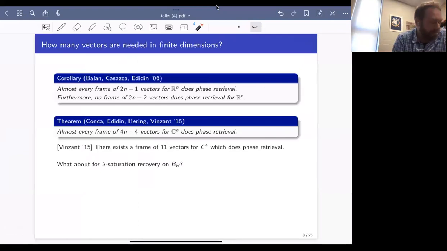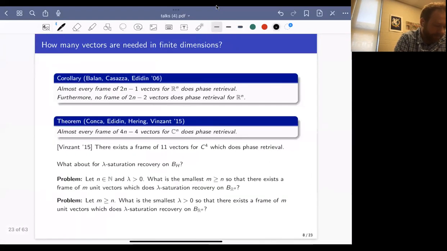Okay, so natural question. How many vectors do I need to do lambda saturation recovery? For the unit ball in R^n, how many vectors do I need? One of the things is that how many vectors you need depends on your saturation level.